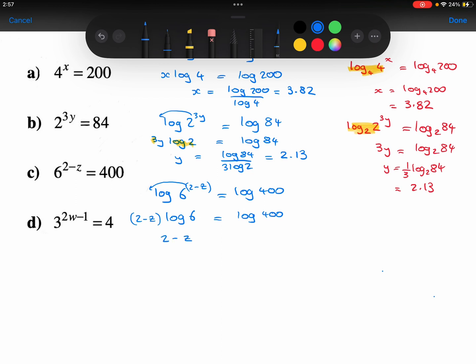So 2 minus z is equal to log 400 divided by log 6. And now if I add the z to both sides and subtract the logarithm terms from both sides, that way I will get z as the subject.